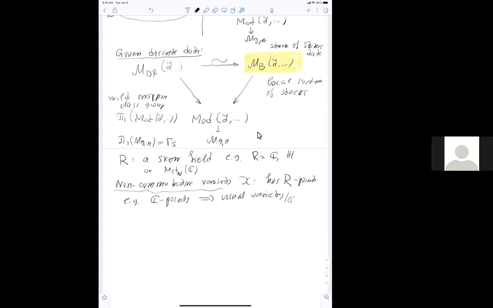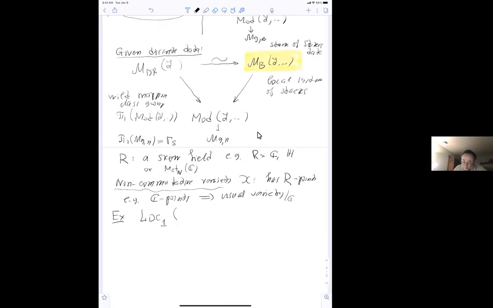And here is an important example for us. So let's take a moduli space of one-dimensional vector bundles with flat connections over this R, for example, over quaternions, on a unit circle. So this is a typical non-commutative space.